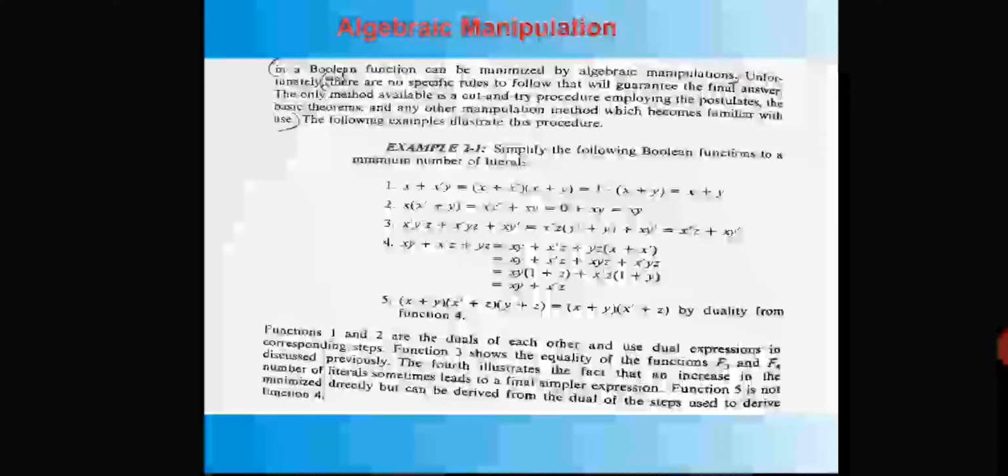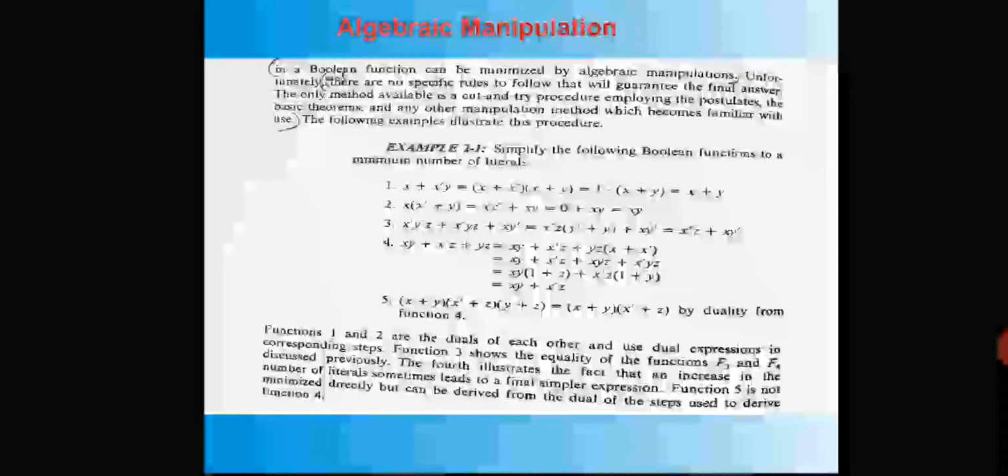You can see example 2.1, the second example, first part. Simplify the Boolean expression, they have given some literals. So x plus x dash y equals x plus x dash and x plus y. They have made two parts, and x plus x dash is nothing but 1, using that postulate, second postulate or first postulate, I don't remember the postulate number.